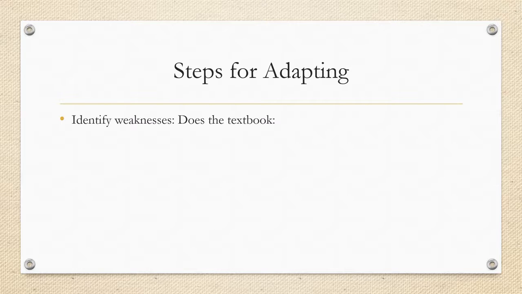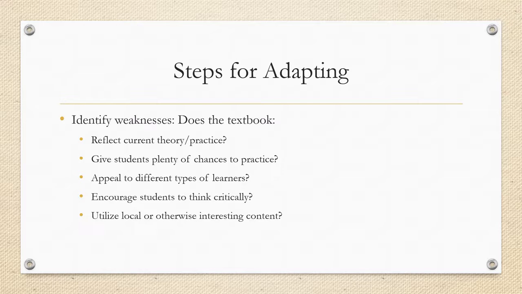First, identify weaknesses. Some good questions to ask at this stage are, does the textbook reflect current theory or practice? In English language teaching, the field is pretty much satisfied currently, or moving even more towards the communicative language teaching approach.